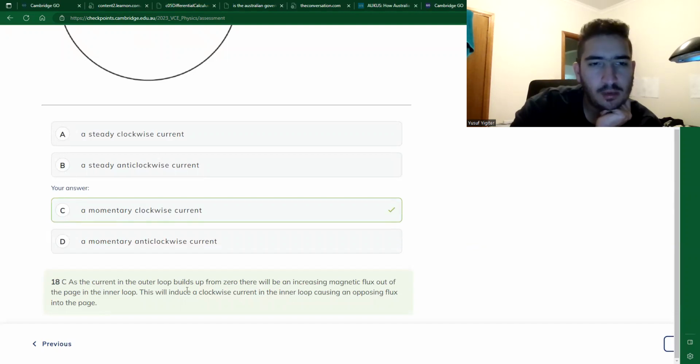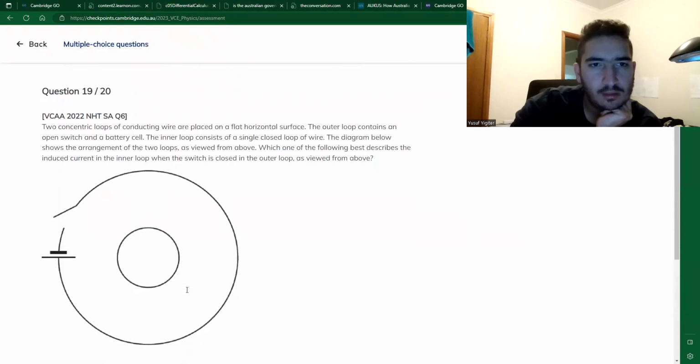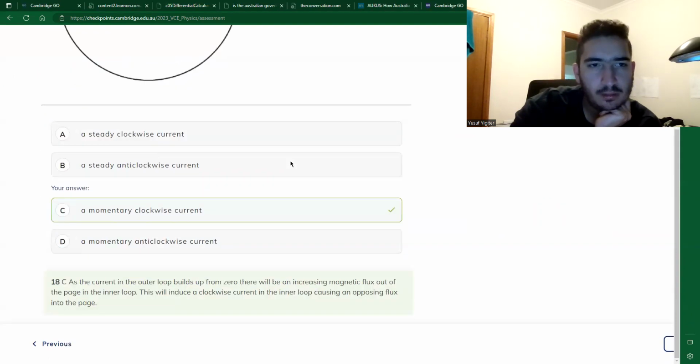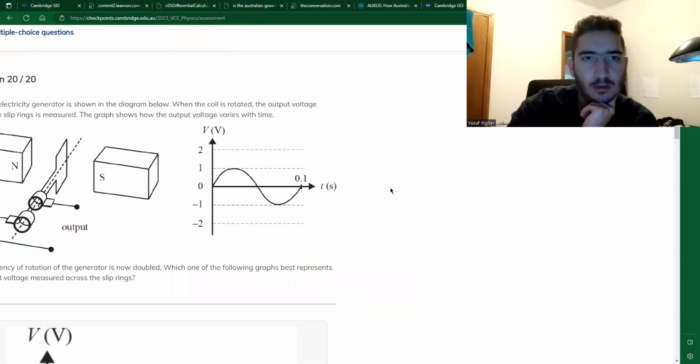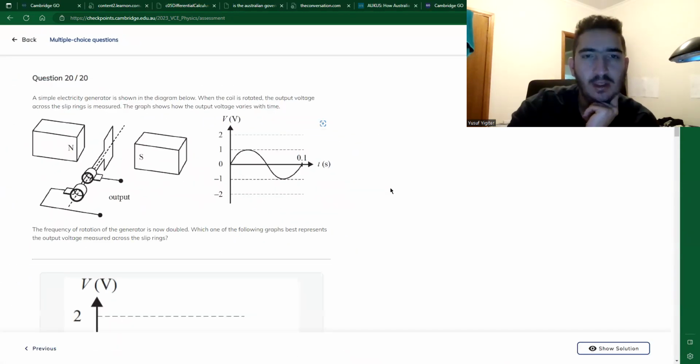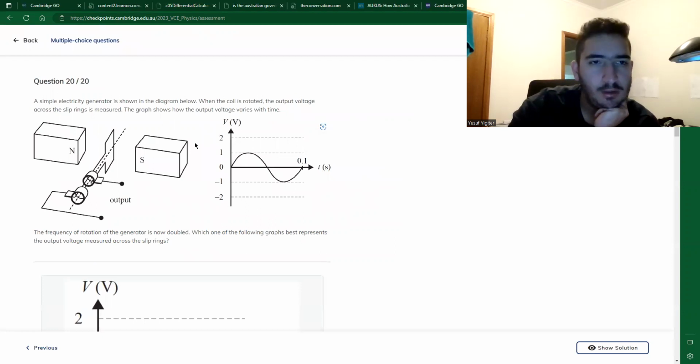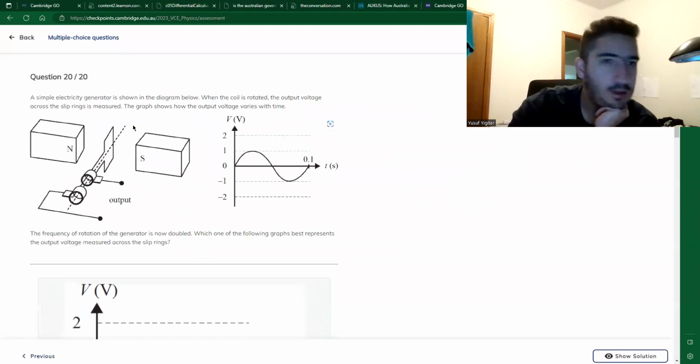So it builds up. No, I don't really get it, but I don't know. It is what it is. That's momentary. All right, I'll ask the teacher about that question. Why is it steady instead of momentary? I don't know. All right.